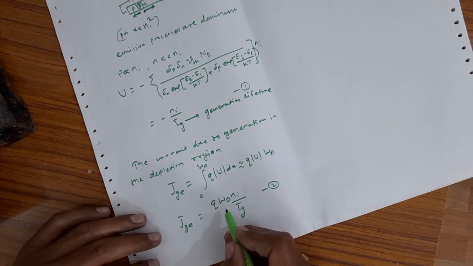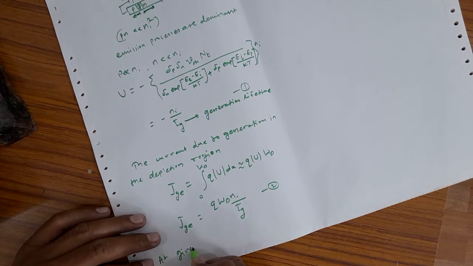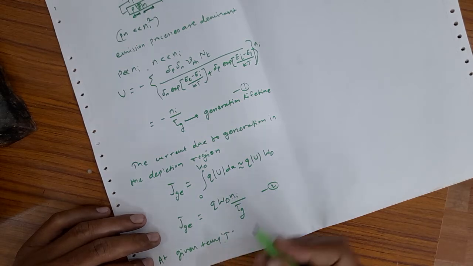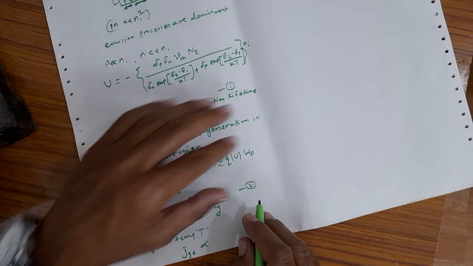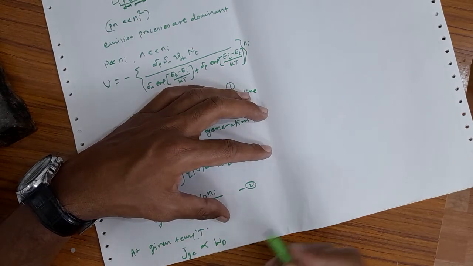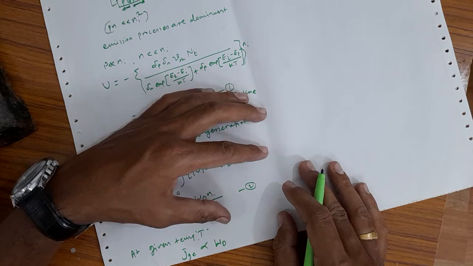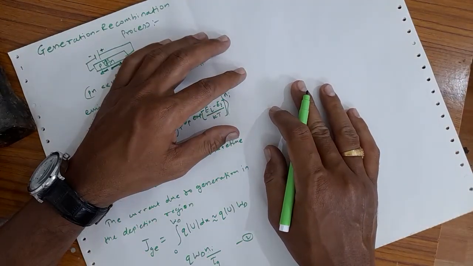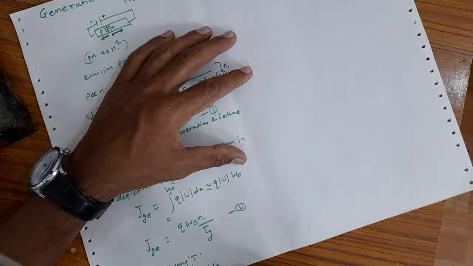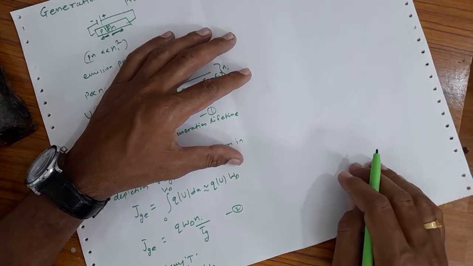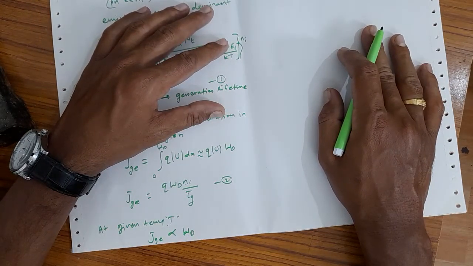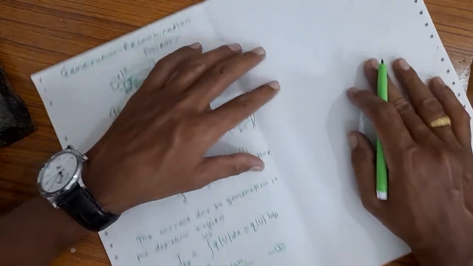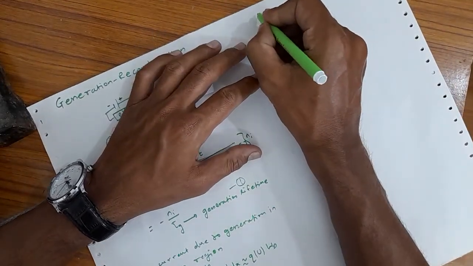At a given temperature, the generation current Jg is proportional to the depletion layer width, which in turn depends on the applied reverse voltage. As we have seen earlier for abrupt junctions and linearly graded junctions, Wd depends on the applied voltage. So the generation process depends on the reverse bias potential.